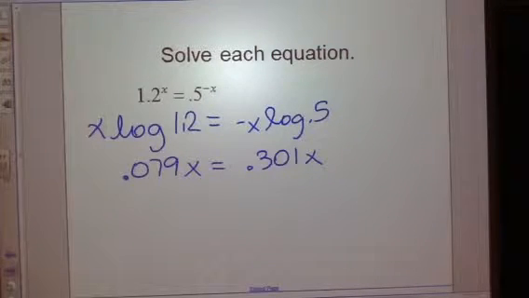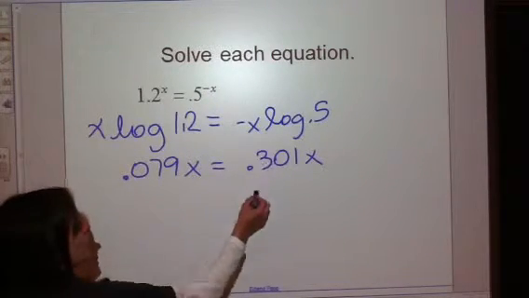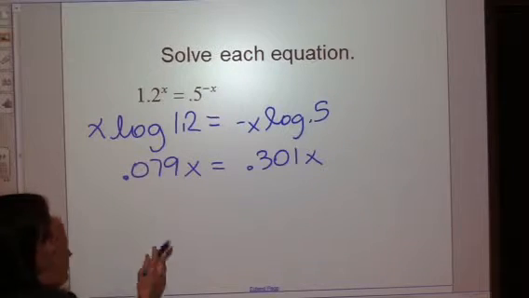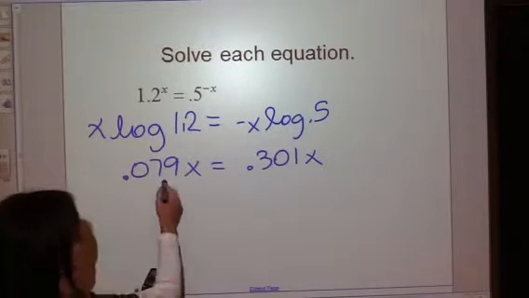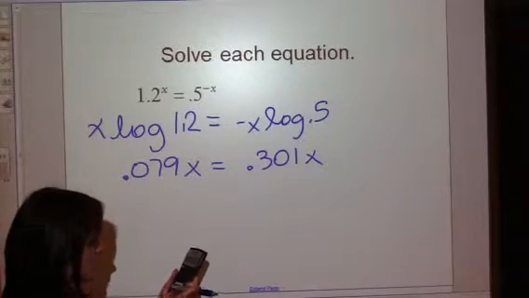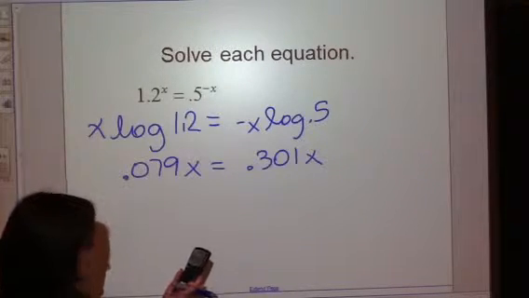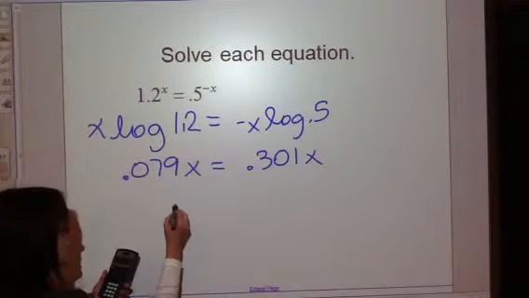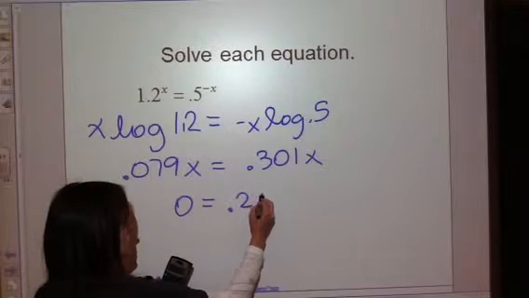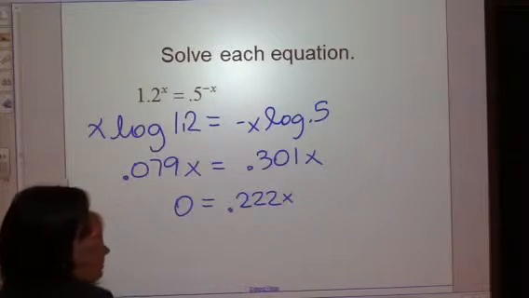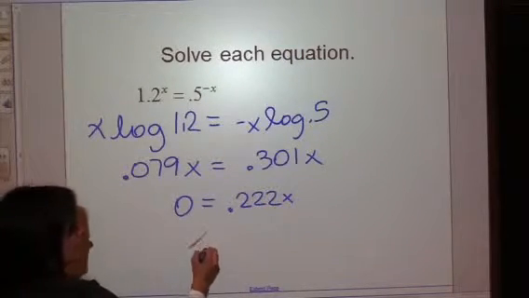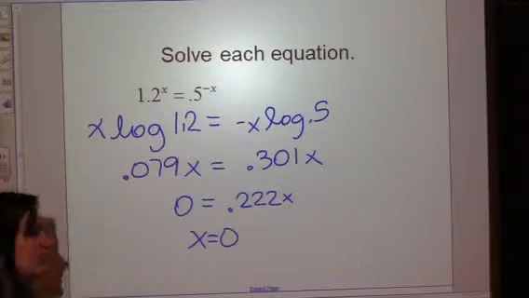So if you subtract your x, I'll go this way so you don't get a negative. So 0.301 minus 0.079 is 0.222x. Divide by 0.222, and you get x equals 0.